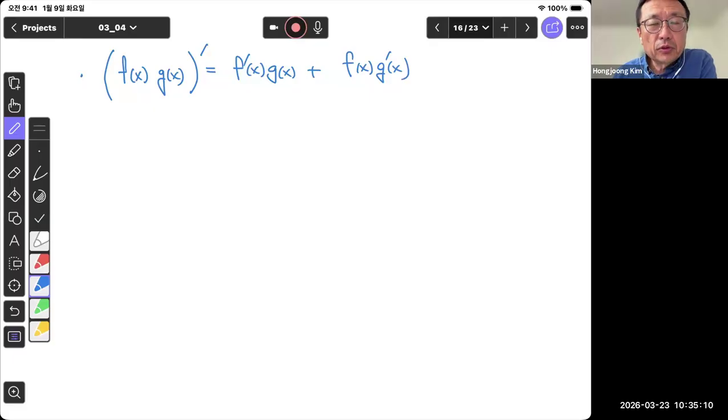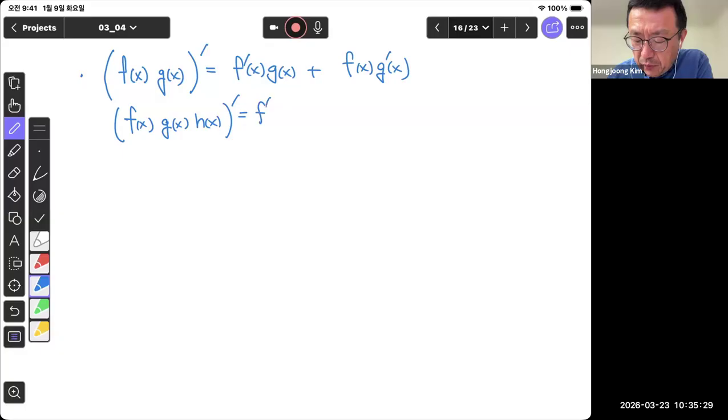If you happen to have the product of three functions, say f(x) times g(x) times h(x), then when it is differentiated, you need to differentiate one function at a time. So you first differentiate f prime without changing the other two.